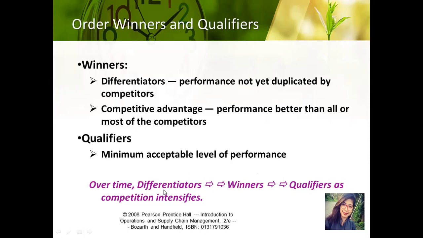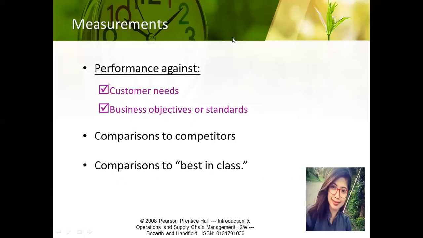So over time, the differentiators, the winners, become qualifiers as competition intensifies. So the measurements: performance against customer needs, the business objectives or standards, comparison to competitors, and comparison to best in class.